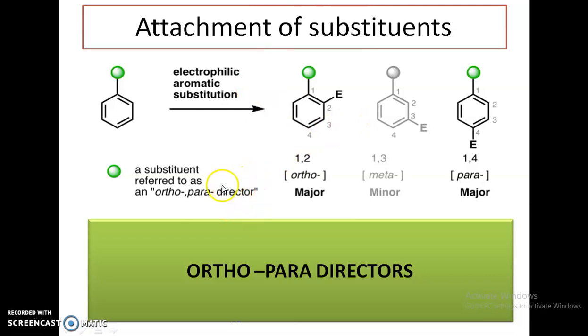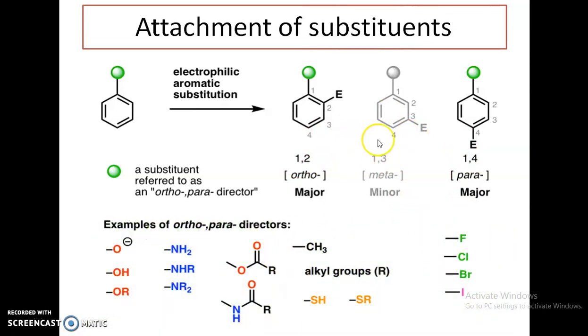And the ones which have major ortho-para products and a very minor meta product are the activators. OH, NH2, OR, NHR, NR2, O-, OC double bond O, CH3, all these along with the halogens are categorized as ortho-para directors. So those which give me major ortho-para products on electrophilic aromatic substitution are called ortho-para directors.